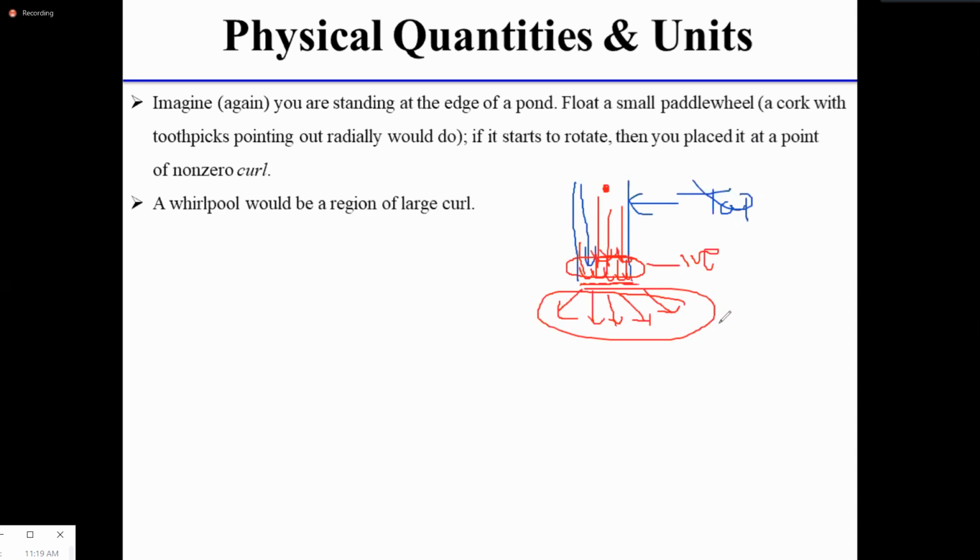Sir, can you please allow us to annotate? Just a moment. I am trying to explain it in terms of the velocity of the molecules. Go ahead.